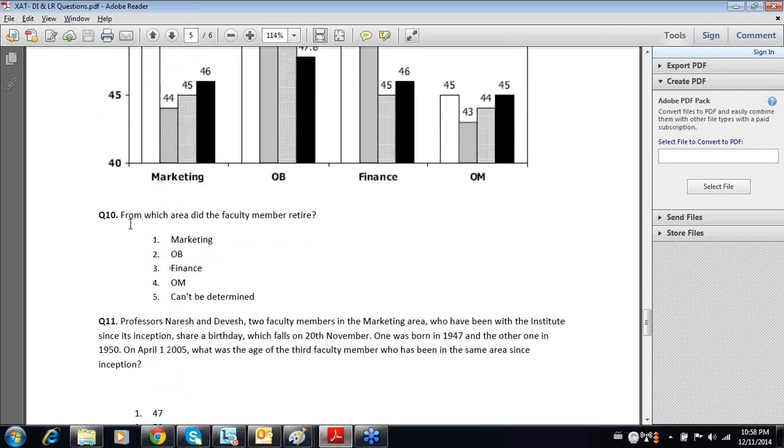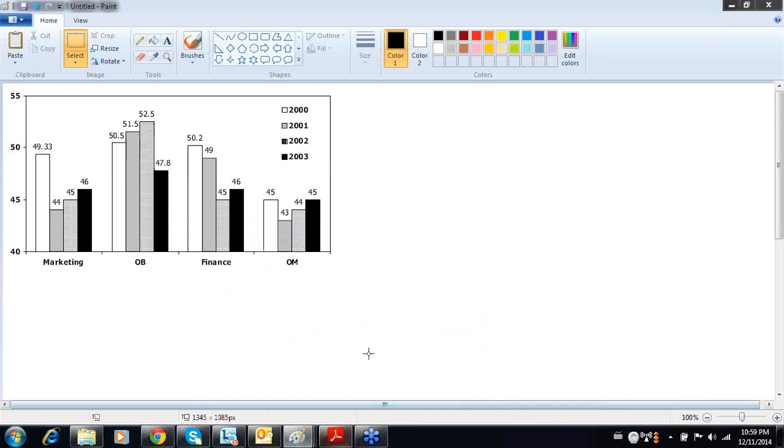Okay. So the first question is, in which area did the faculty member retire? Let us analyze this graph. So what do you see in this graph? One thing is very clear. If there is no retirement, every year the average age will be increased by 1, or not?